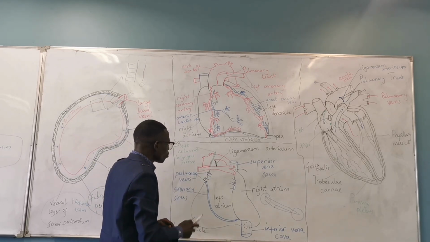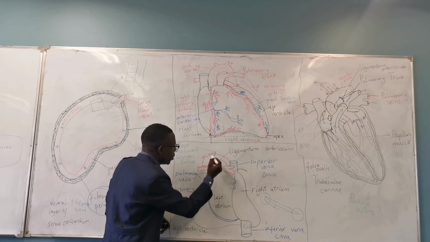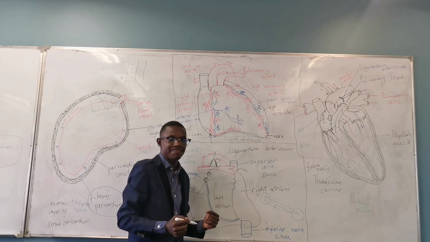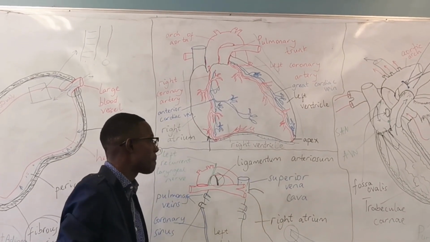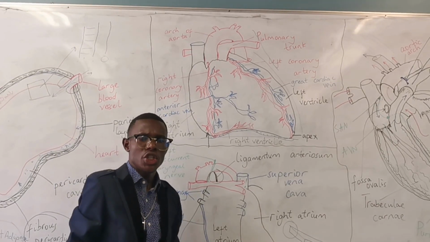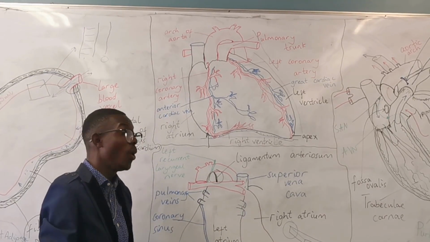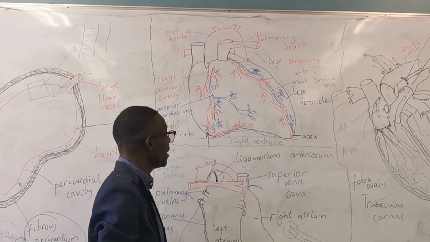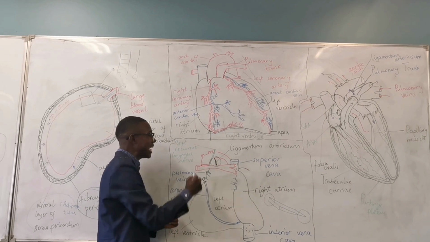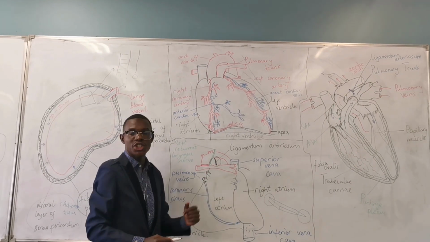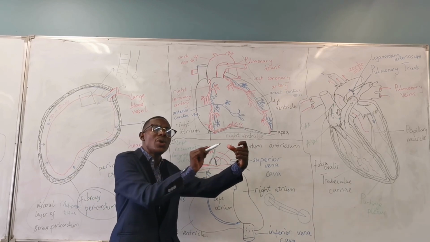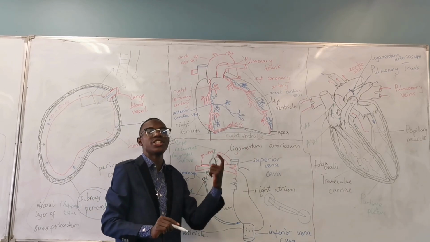So now, if we see here, we have an important structure that is called the ligamentum arteriosum. The ligamentum arteriosum is a remnant of what we call the ductus arteriosus. So during fetal circulation, well, I'm not going to talk about it in this lecture, but during fetal circulation, we have continuous communication between the pulmonary trunk and the base of the arc of the aorta. That continuous communication is called the ductus arteriosus.